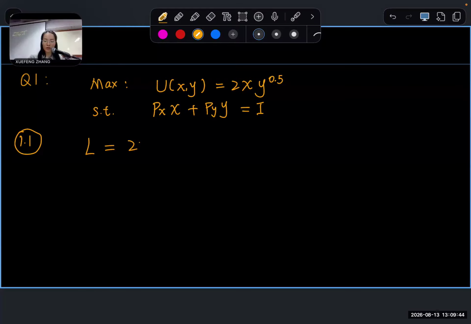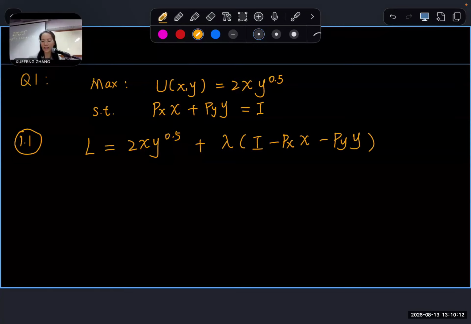So 2x y power half plus, this is plus, okay? Some of you wrote something that I don't know. Plus our constraint, which is lambda times I minus px times x minus py times y, okay?